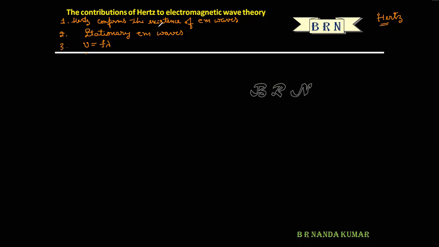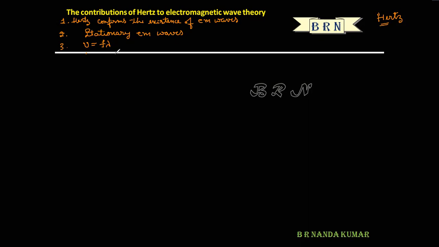Actually, Hertz is a scientist who first predicted the existence of electromagnetic waves. Actually produced stationary electromagnetic waves. Using V is equal to F lambda, he found that the speed of electromagnetic waves is the same as that of the speed of light.